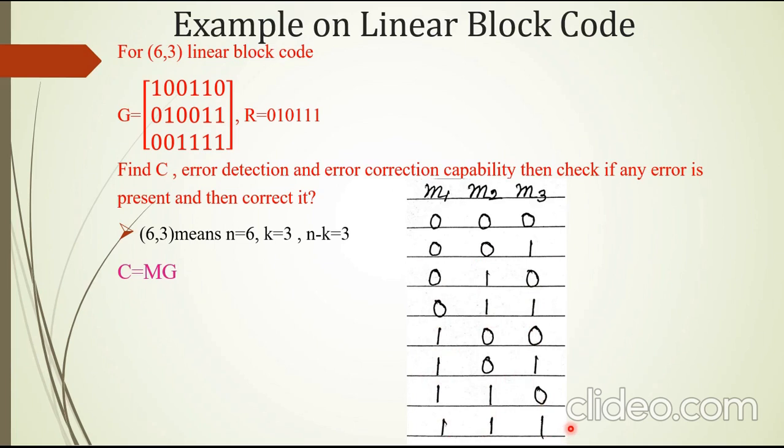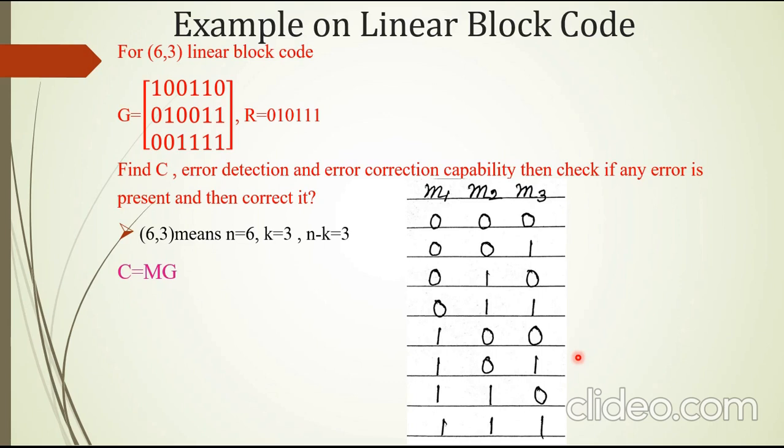So these are the possible 8 combinations denoted by M1, M2, M3. I told you that whenever I am not given M and I have to find the code word C, I will find the code word for all possible combinations of the message.